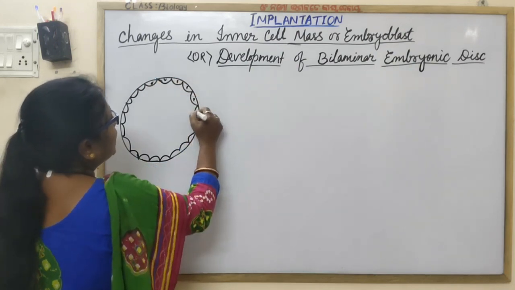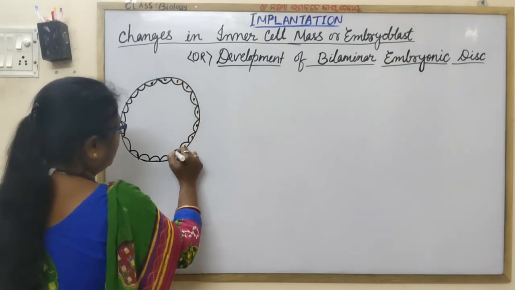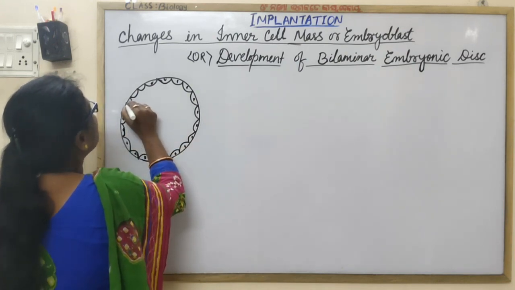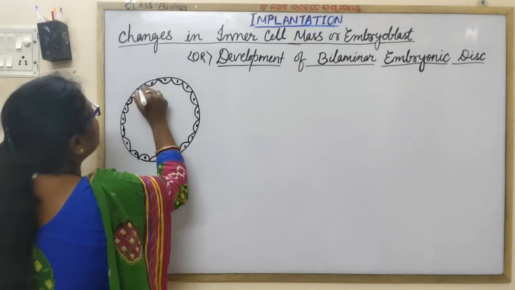Two masses of cells are there, that is the outer cell mass and the inner cell mass.